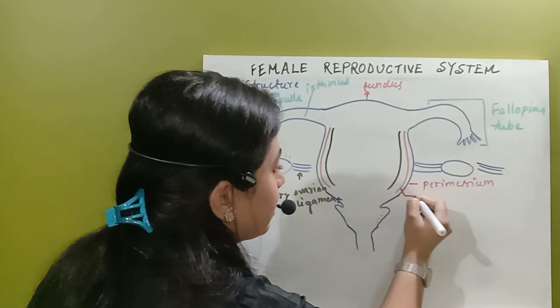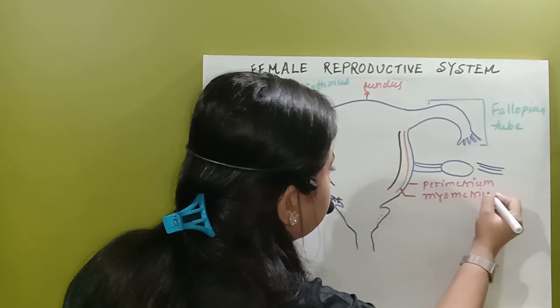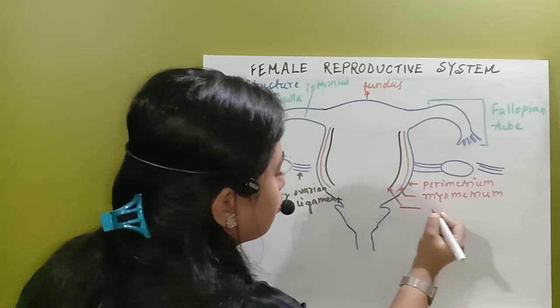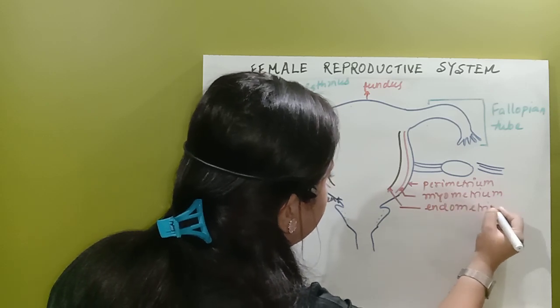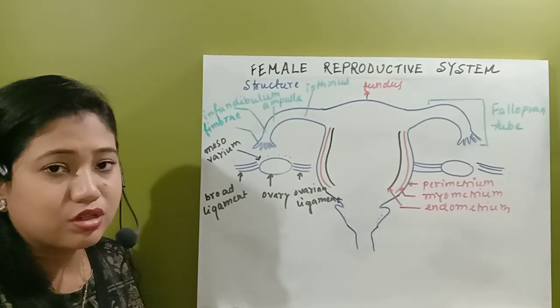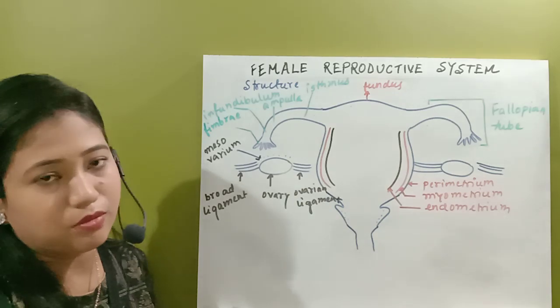Then the middle layer is known as the myometrium, and the innermost or the most active layer is known as the endometrium. So this is the uterus or this womb. This womb will be lined by these three membranes.